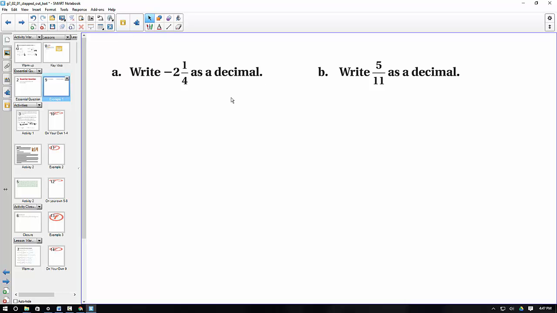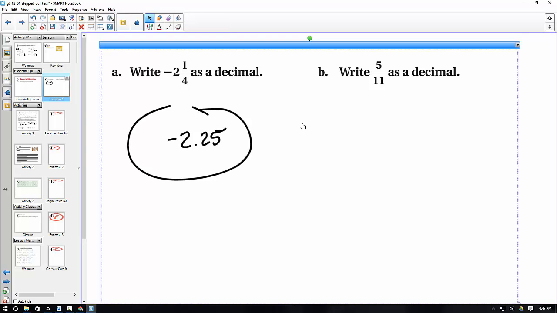So let's write these numbers as a decimal. So in this case, what I'll do is I'll take the whole number, which will be -2. And then I'll take 1 divided by 4, which is 0.25, right? And then I'll take 5/11 as a decimal, so I'll put my 11, goes in the 5.